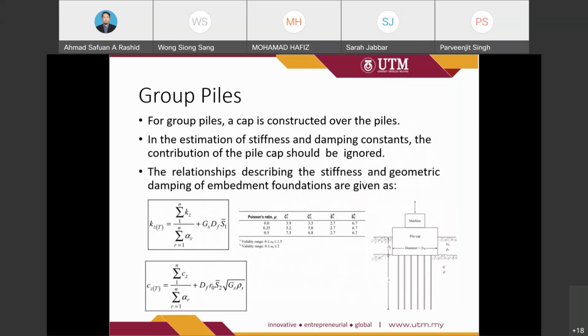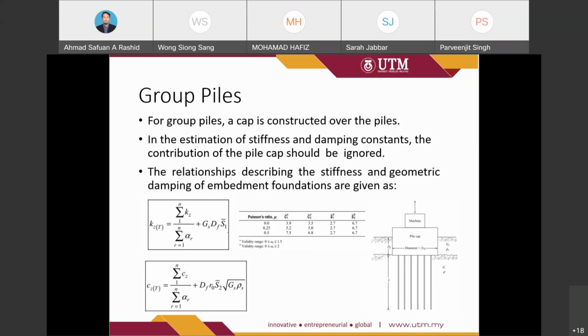Okay. So for a pile group, a cap is constructed over the pile. In the estimation of stiffness and damping constant, the contribution of the pile cap should be ignored. The relationships describing the stiffness and the geometry damping of the embedded foundation are given as below. So this is the main equation, and then there will be an additional GS, DF, and also S1.